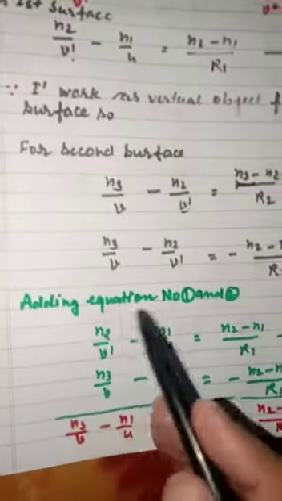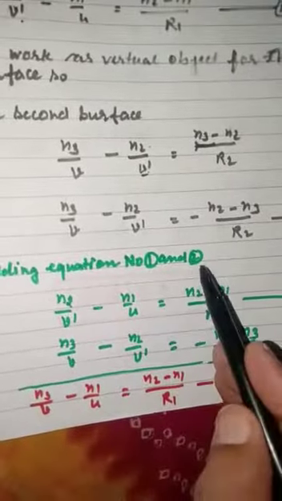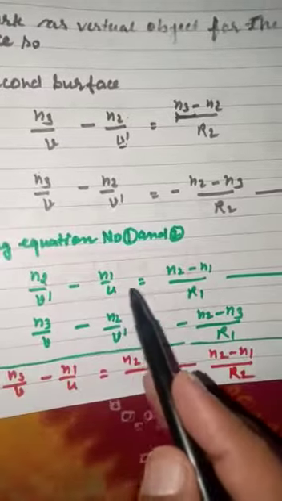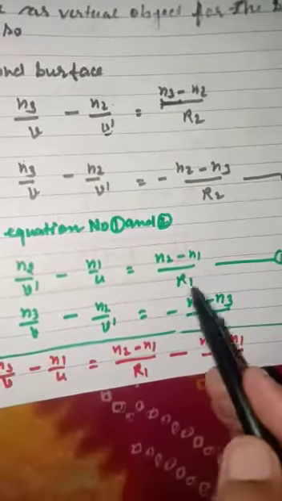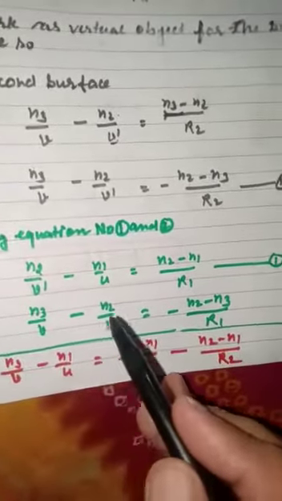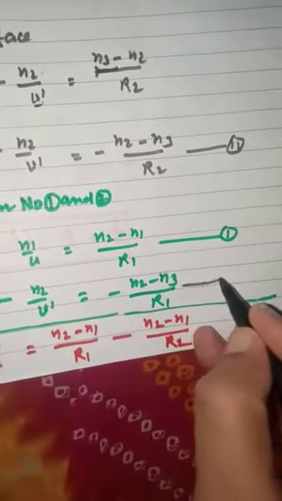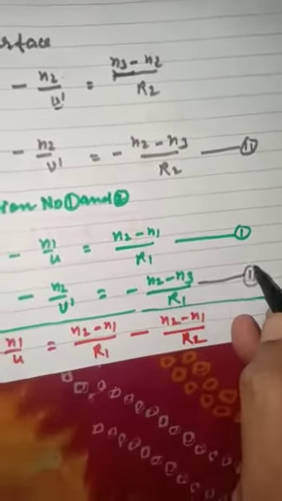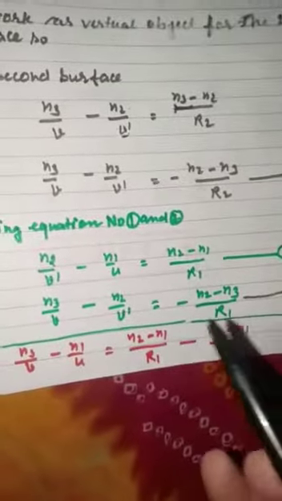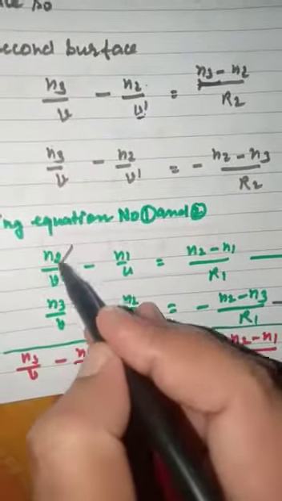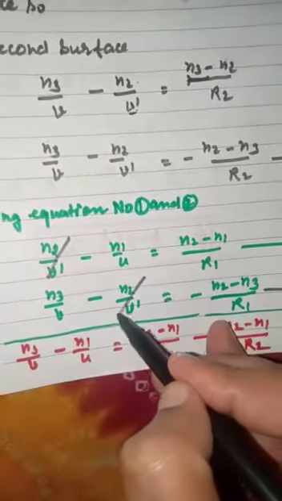Now, adding equations number 1 and 2: N2 upon V dash minus N1 upon u is equal to N2 minus N1 upon R1. This is equation number 1. N3 upon V minus N2 upon V dash is equal to minus N2 minus N3 upon R2. This is equation number 2. Here N2 upon V dash cancels with N2 upon V dash.